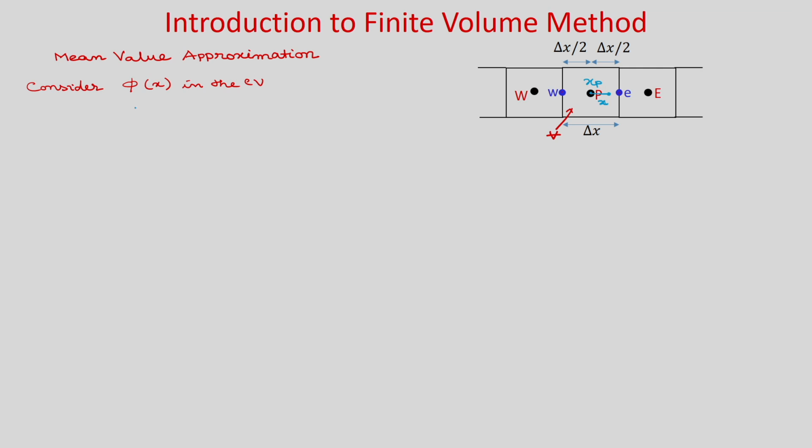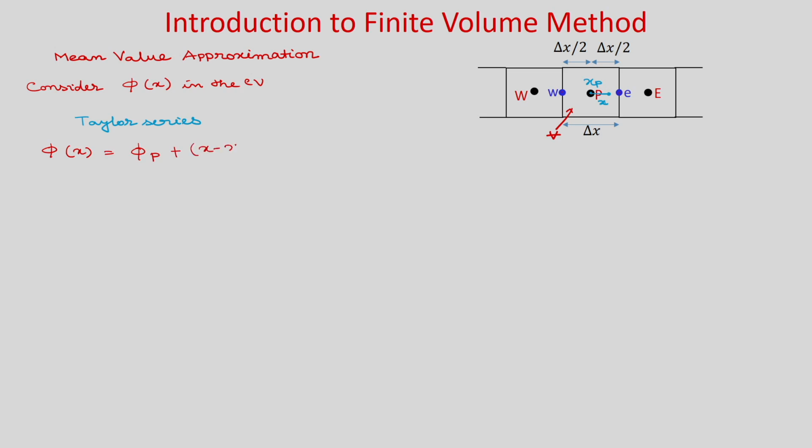So, now we can consider using the Taylor series. We will write phi x as phi p, about phi p we are expanding.